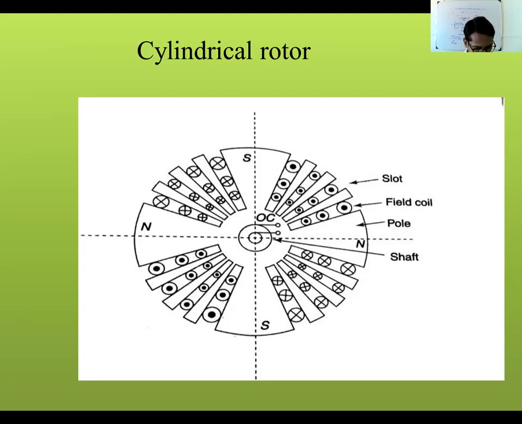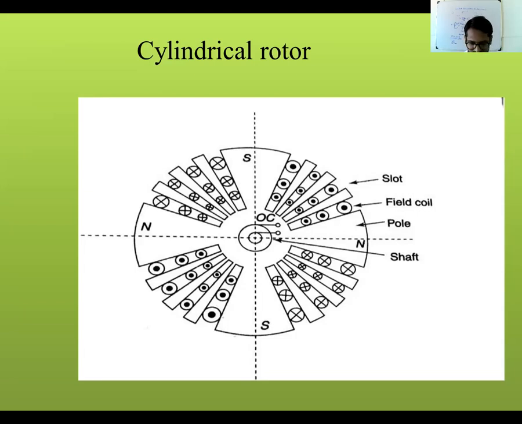Non-salient pole type or cylindrical rotors have the following parts. First is the rotor core. The rotor core is made up of silicon steel stampings and is placed on the shaft. At the outer periphery, slots are provided to carry the exciting coils. The rotor winding or exciting winding is placed in the rotor slots.